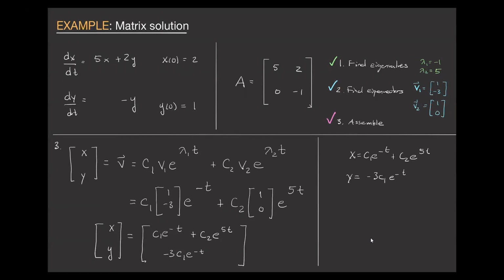We let x of 0 be equal to 2. That is, when t is equal to 0, x is 2. And when t is equal to 0, y is 1. Computing that, we get 2 is c1 plus c2, and then 1 is equal to negative 3c1. And then, of course, I think you can see where it goes from there.